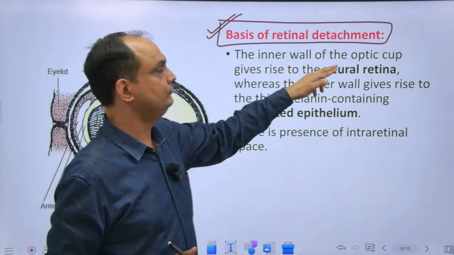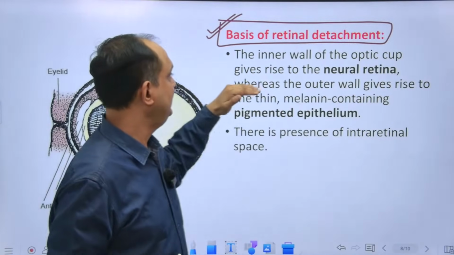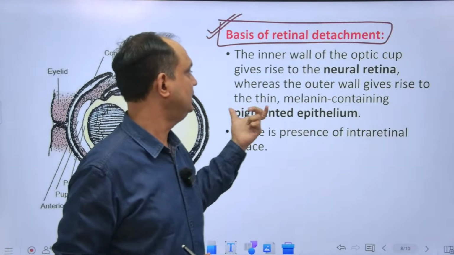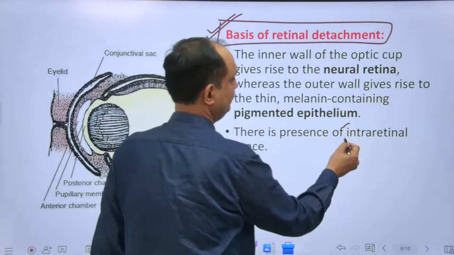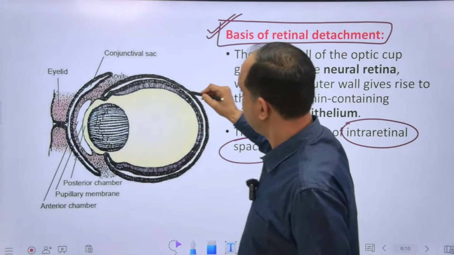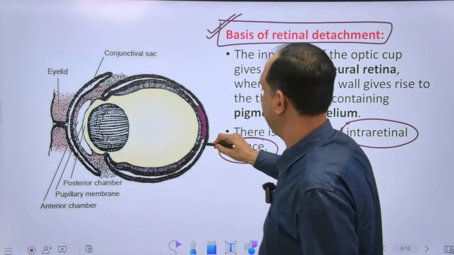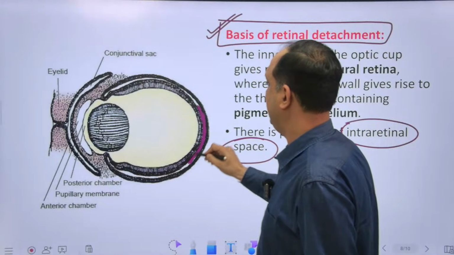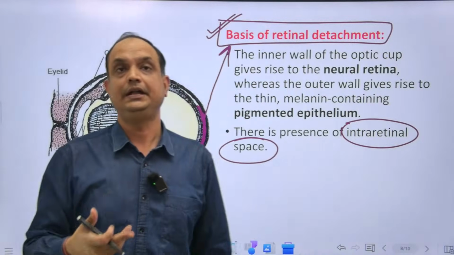So the inner wall of the optic cup gives rise to the neural retina, whereas the outer wall gives rise to the pigmented retina. So there is the presence of an intraretinal space. This intraretinal space is a potential site of detachment. So whenever you have this question in your exam, write down the basis of retinal detachment.